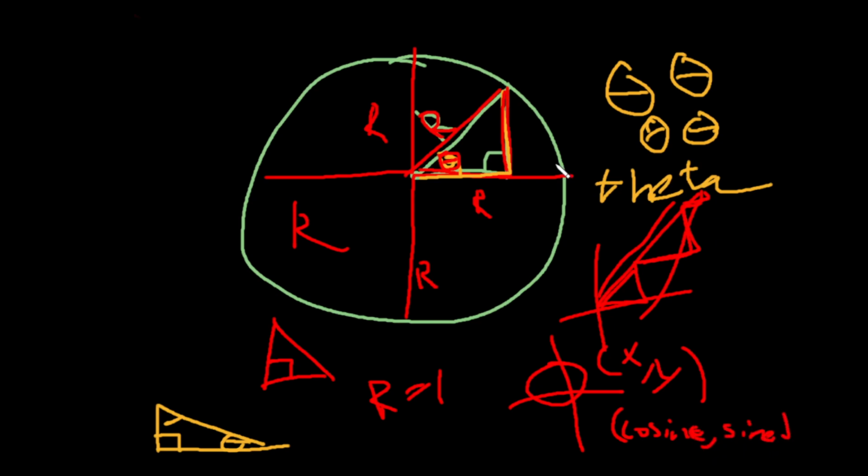Therefore, sine is this top side right here, and cosine is this flat side. But you also may know that if we were getting the sine and cosine of this angle, this would only be sine and this would be cosine.